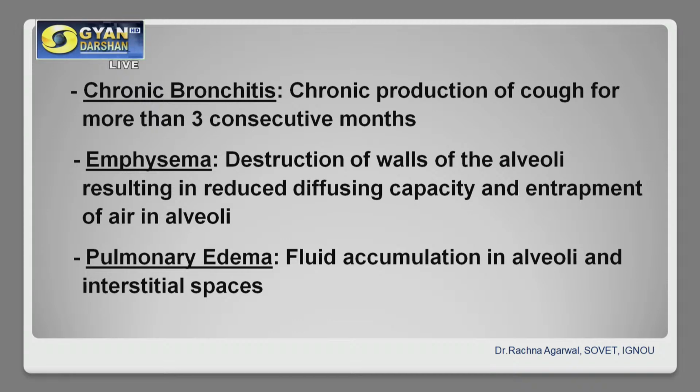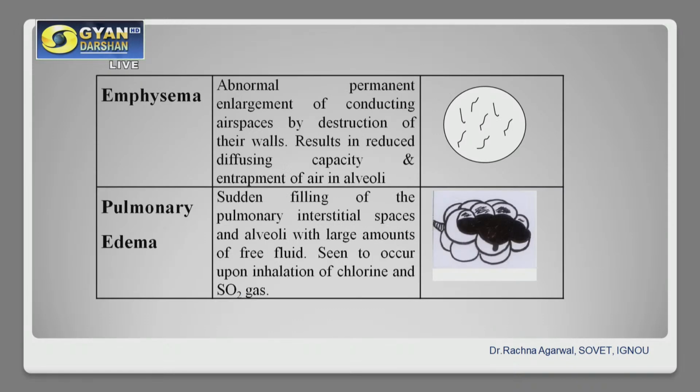Emphysema, here what happens, there is a destruction of the alveolar walls. Like the alveolar walls themselves get destroyed, and so the diffusing capacity and entrapment of air in the alveoli happens. In pulmonary edema, fluid accumulation in alveoli and interstitial spaces is seen. Here you can see in this particular diagram, the walls have just been destroyed.